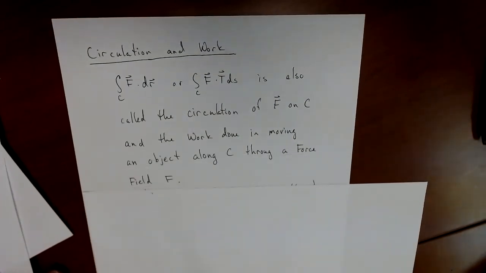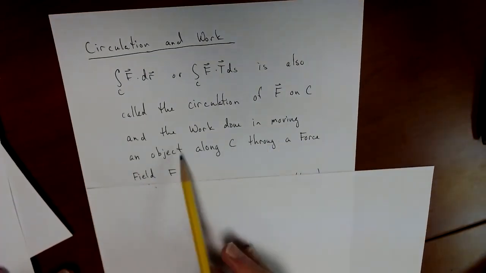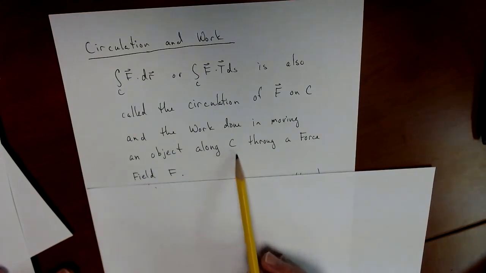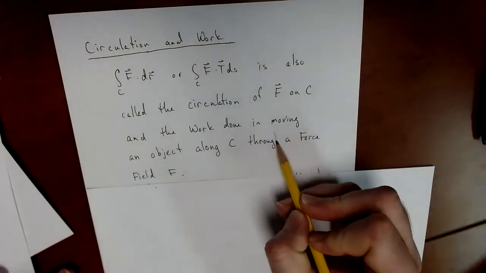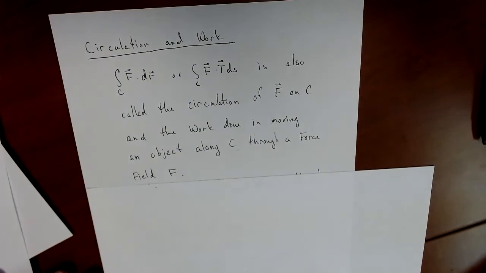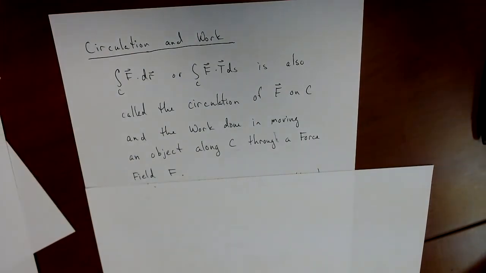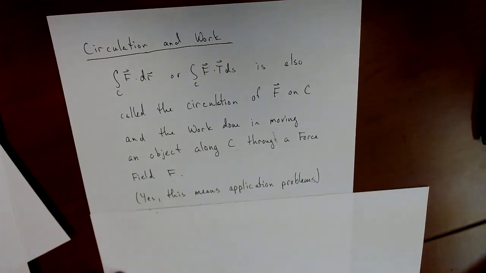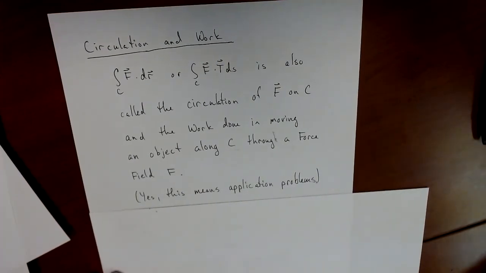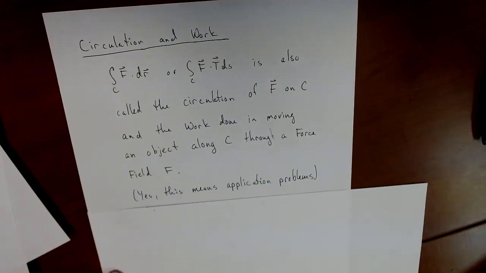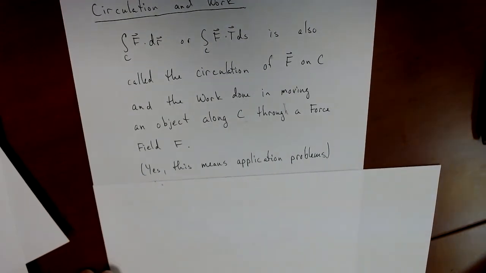We can also call it the work done in moving an object along the curve C through a force field F. We'll talk more about that in 15.3 when we talk about conservative vector fields. And yes, having alternate ways of referring to these things does mean application problems. Specifically, you'll have a couple of work problems.